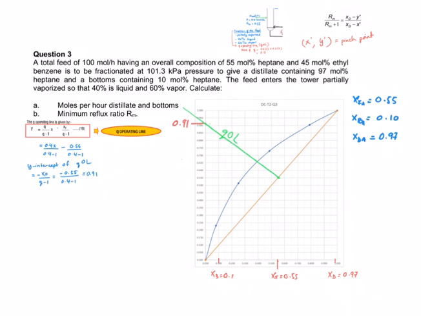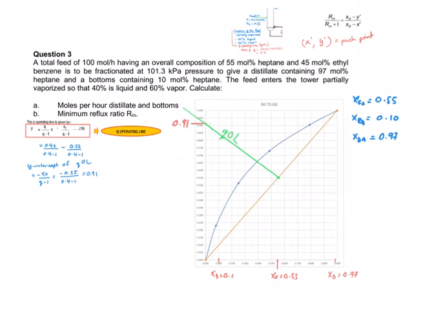With the y-intercept, now you can draw your Q operating line starting from xF equal to 0.55, and then you just draw a straight line connecting this point to the y-intercept. So you get your QOL.